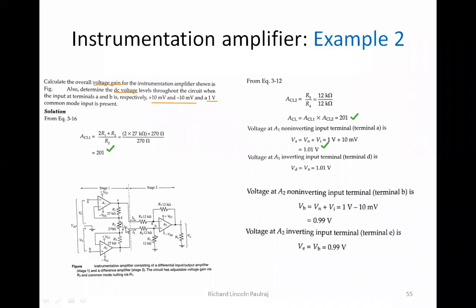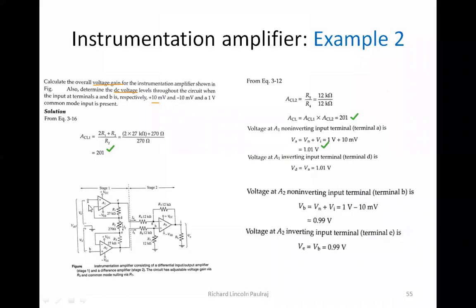VD is equal to 1.01. Can someone now tell me how come I can equate it with the same values? How can VD be equal to VA? How is it the same? 1.01 volt. See, VD is here, right?